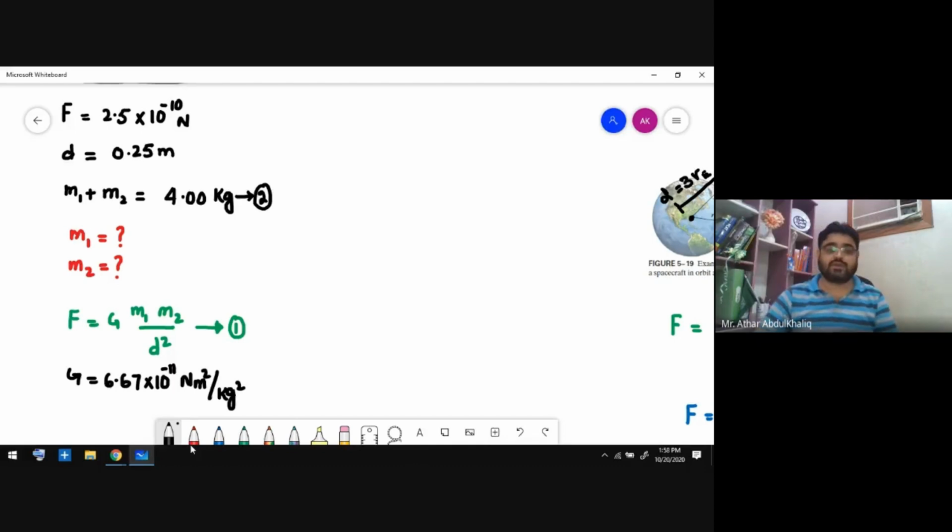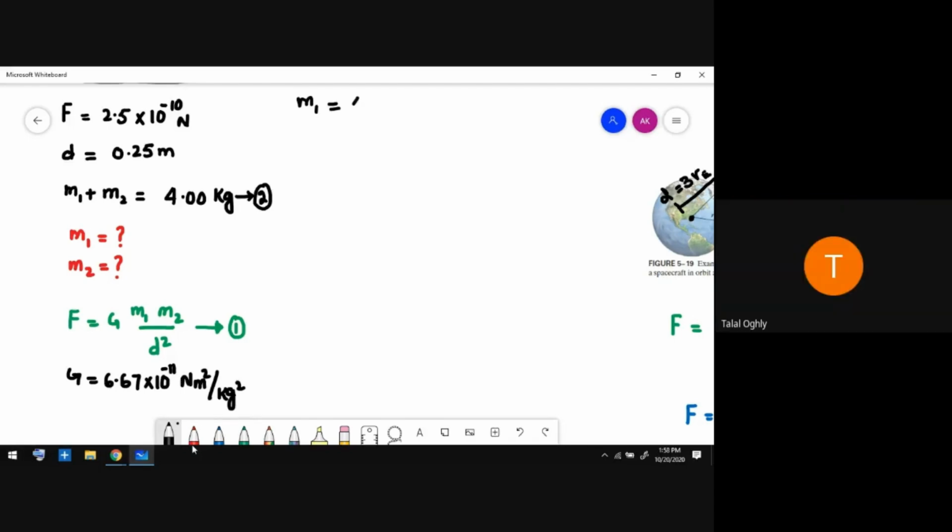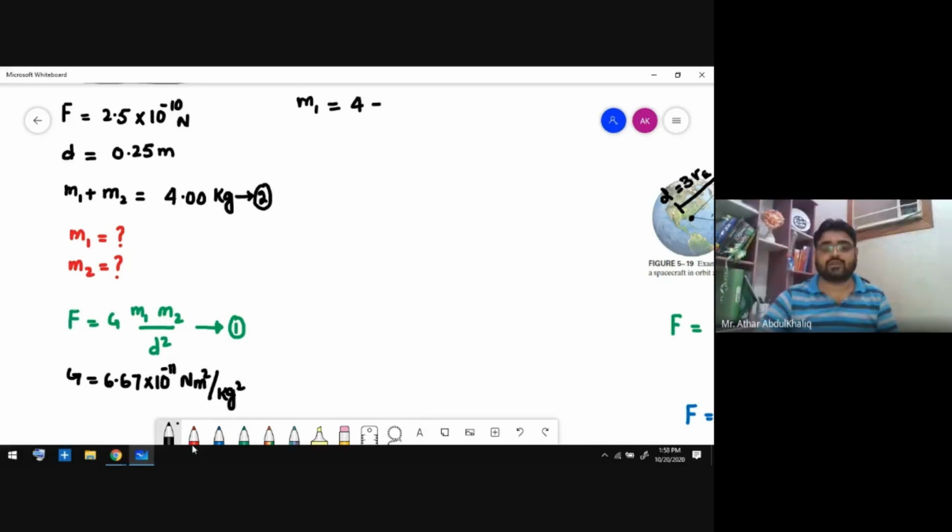For example, I put one mass like M1, I separate it here. What will be the value of M1? Very good. 4 minus M2. When I substitute 4 minus M2 in the formula, what will happen? I will get the answer of M2. Then this M2 I will substitute in this equation, and I will get the answer for M1. Let us try, okay.